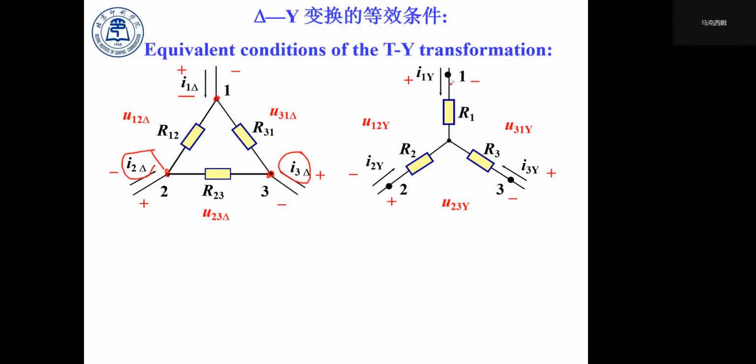And we have a Y-shaped three-terminal network, and also it has three terminals, 1, 2, 3. Thus, it also has three incoming currents, I1Y, I2Y, I3Y.